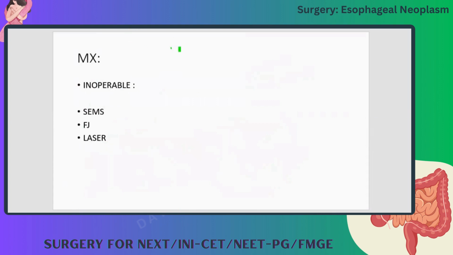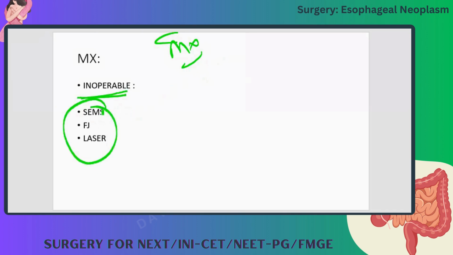Management. First, we will discuss inoperable cancers. Most of the time, this is inoperable cancer because it has spread to the adjacent organs. In inoperable cancers, we have options like, anybody, what is this SEMS? What is FJ?